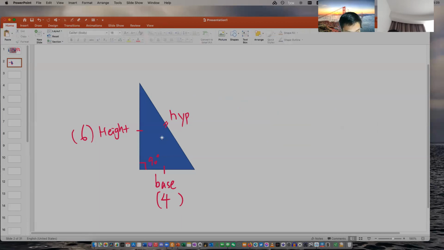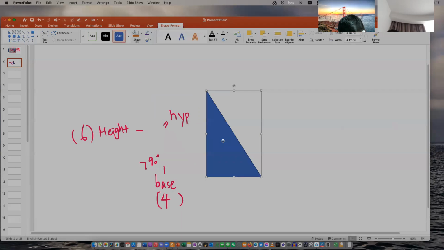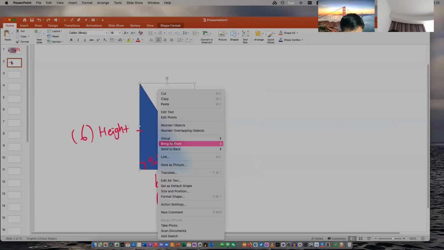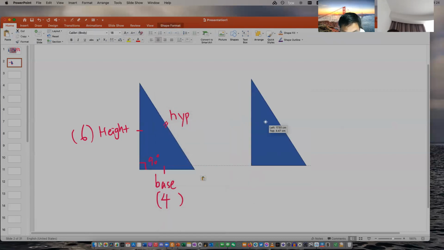Let me copy and paste. Good. So this right angle triangle is the same as this.